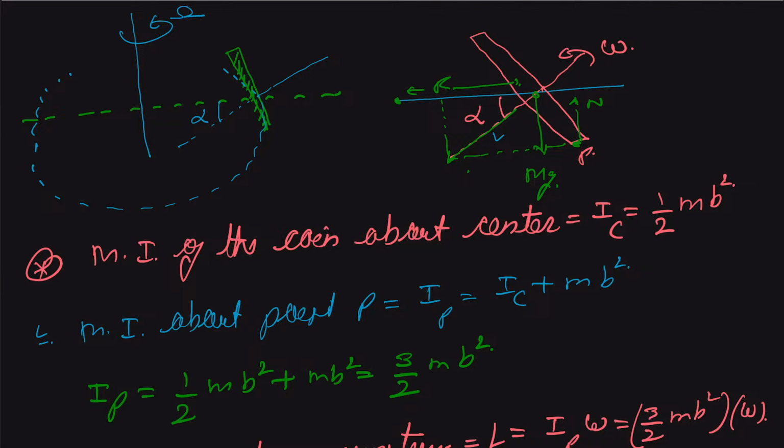Okay, so we are going to get this as our L sine of theta, and the other one will be our L cos of theta.